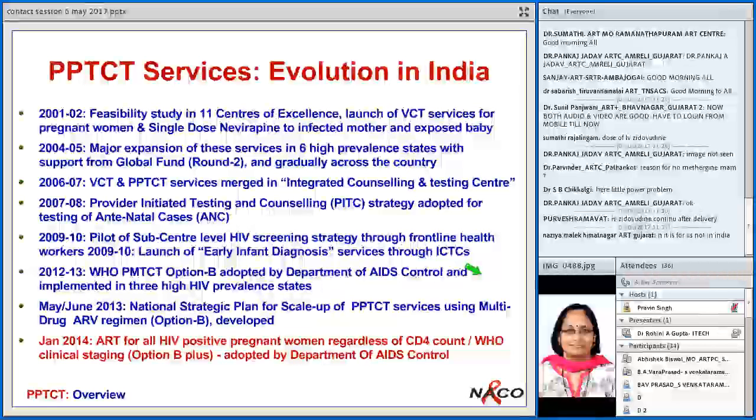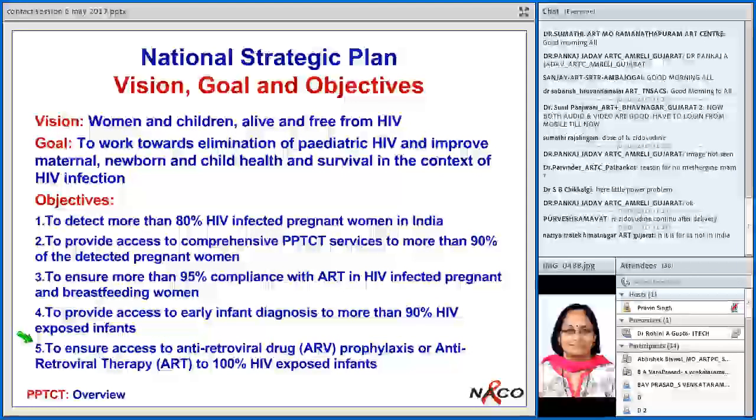This is just a list of how the PMTCT services evolved in India. What we need to look at is the January 2014 guidelines: all HIV positive pregnant women, regardless of CD4 count and WHO clinical staging, option B plus has to be adopted.